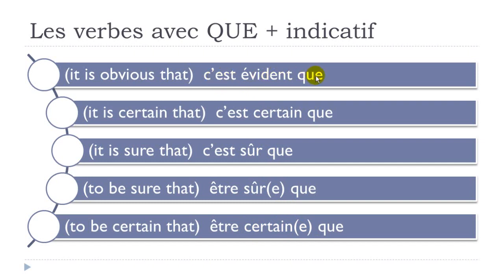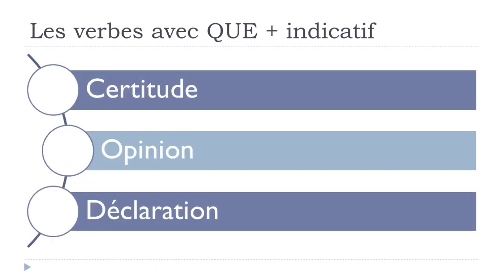C'est évident que, c'est certain que, c'est sûr que, être sûr que. This is the masculine form and the feminine form is the same, être sûr que, but in that case it will be different. Être certain que, this is the masculine form and the feminine form, être certaine que. Okay, and remember, all these expressions will be followed by l'indicatif. Okay, so we'll see now l'opinion.